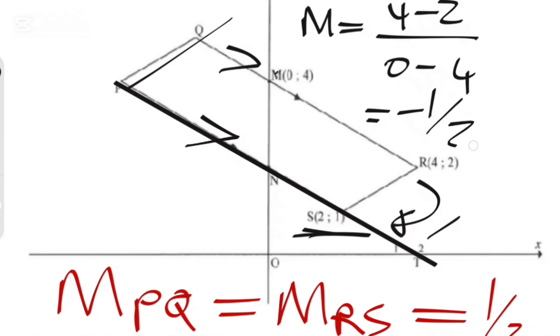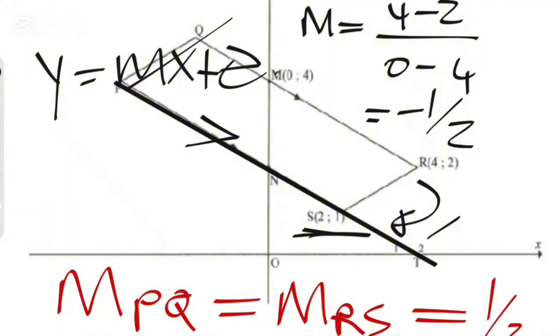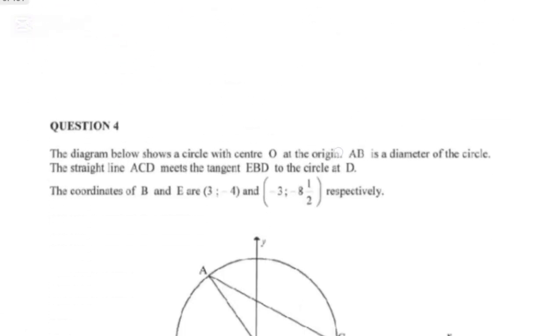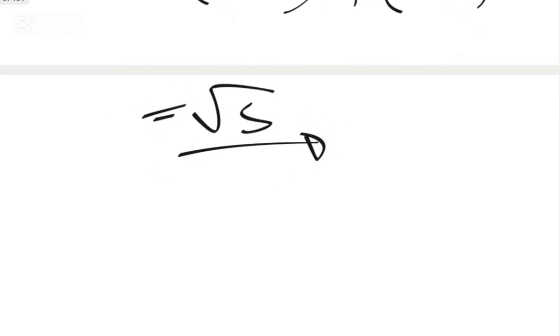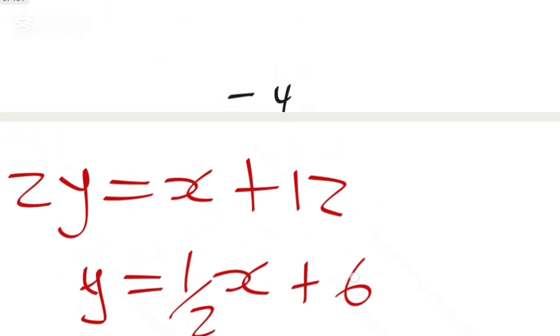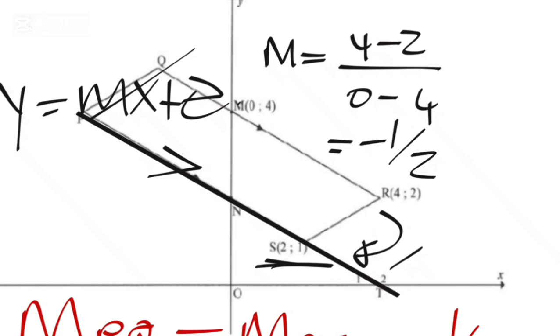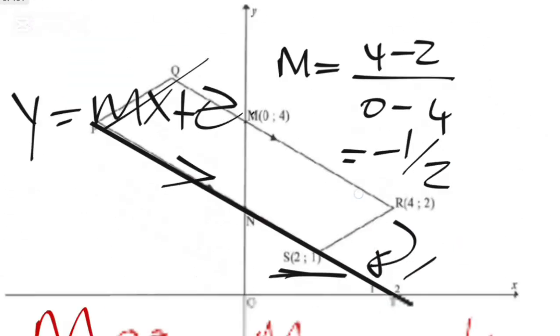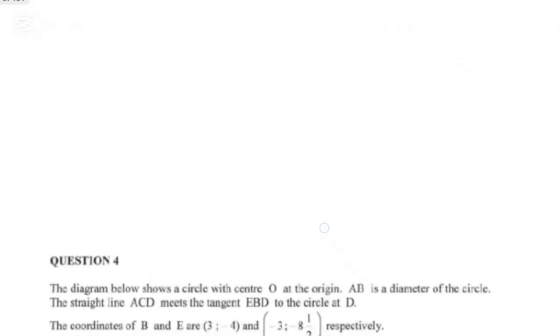So the gradient is minus 1 over 2. After getting that, we can use y equals mx plus c, using these coordinates 2 and 1.